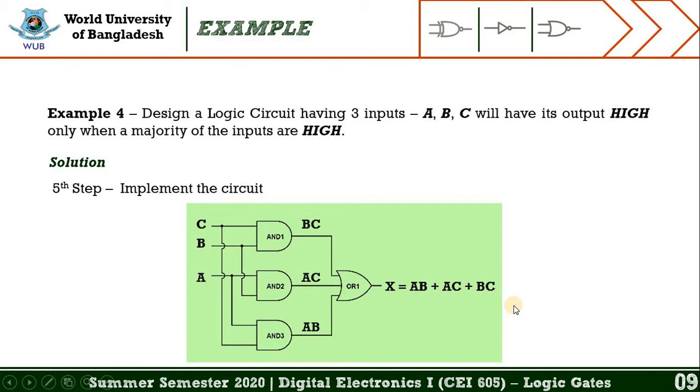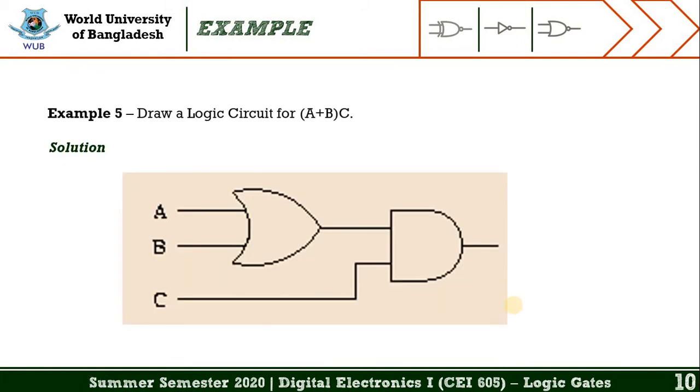So let's move into the next example. This type of example is very easy because the question states to draw a logic circuit for A or B inside the parenthesis, and after that, and C. We already see from the question that we need 2 gates: one is an OR gate and another one is an AND gate.